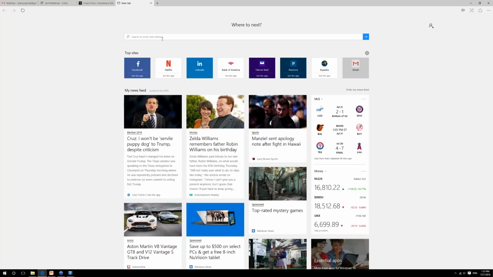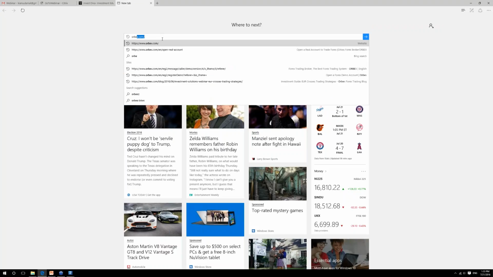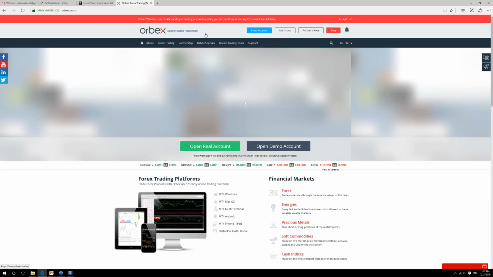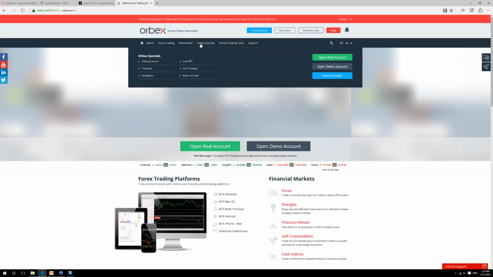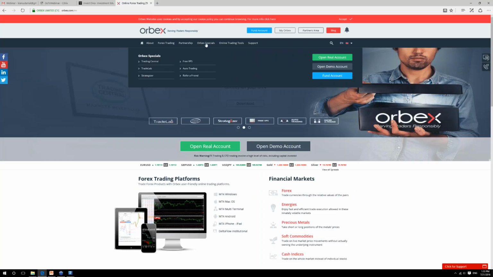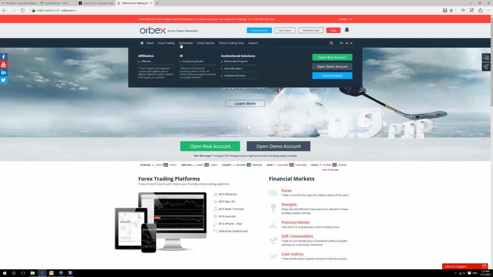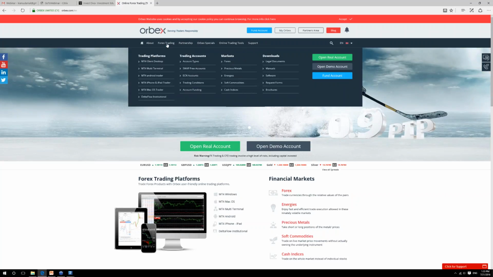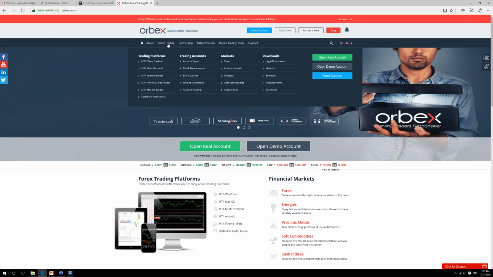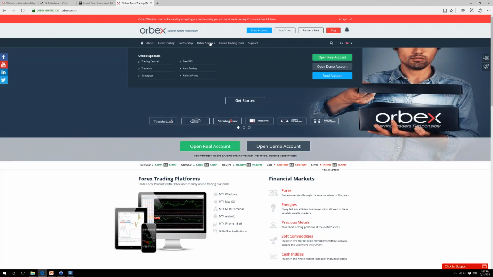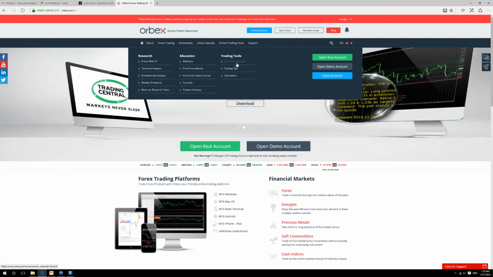I also want to take a look at the upcoming data for Australia, so that we can keep that in mind as well. So here I'm going to go to the Orbex economic calendar. You can find it very fast. There it is.